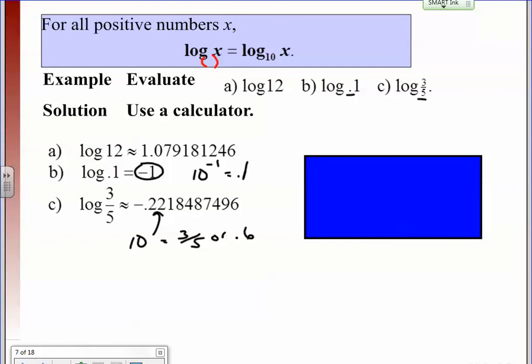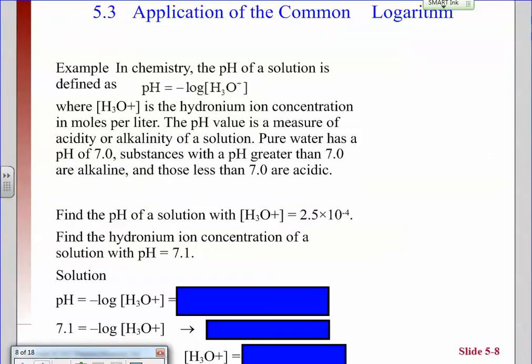Okay, so whenever the argument is less than 1, between 1 and 0, you're going to get a negative exponent to make that happen. So the log answer is always going to be negative if our argument is less than 1.